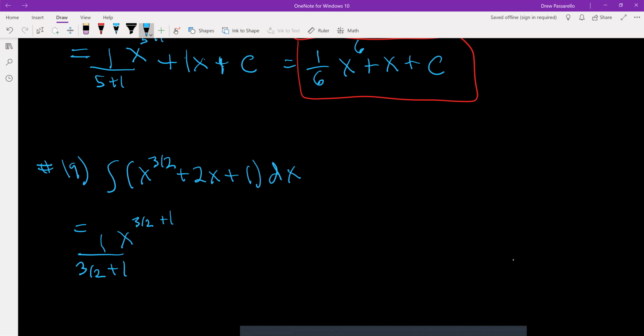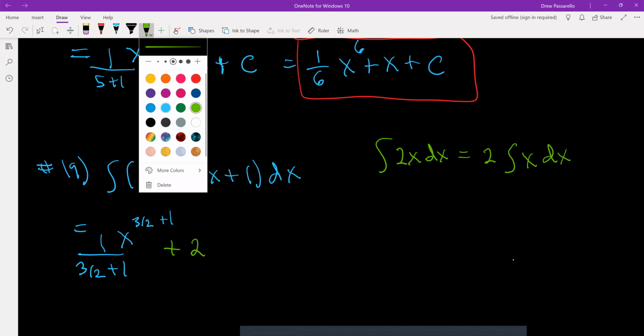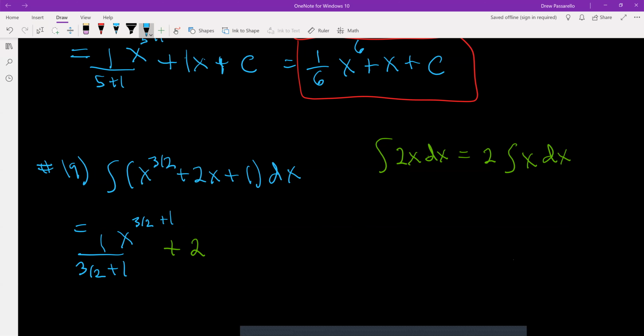Now the 2 times x, you can think of integrating 2 times x as you factor out the 2, and then you focus on integrating x. So it's going to be plus 2 times the integral of x, and the integral of x is x to the 1 plus 1, divided by 1 plus 1.